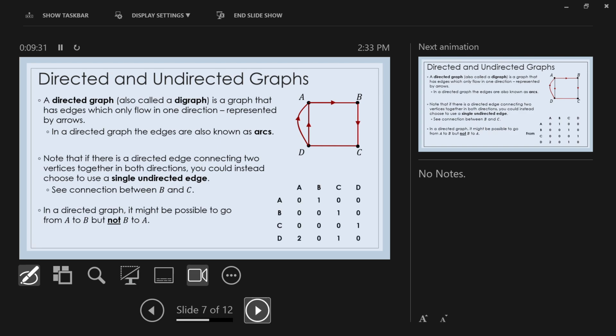Now, how does this then affect the adjacency matrices? You need to be careful of how you do this. It does change it a little bit. Firstly, along the leading diagonal, we can now see that they don't match up. The 1 does not match up with the 0. Immediately, as soon as it doesn't match up, it indicates it is in fact directed.